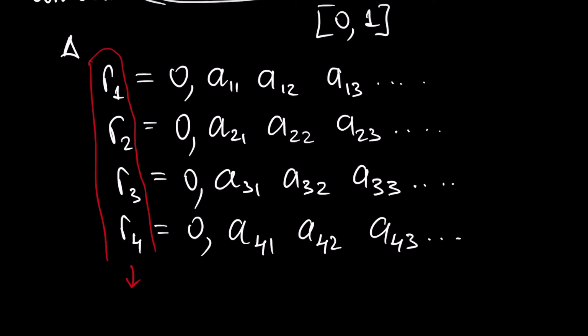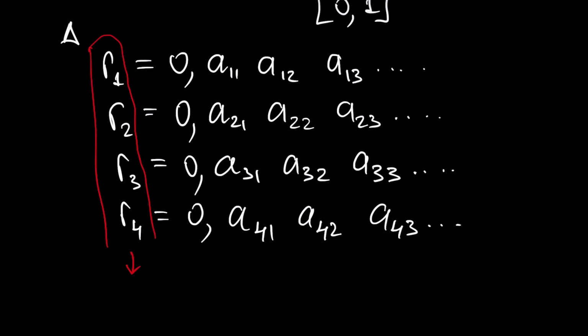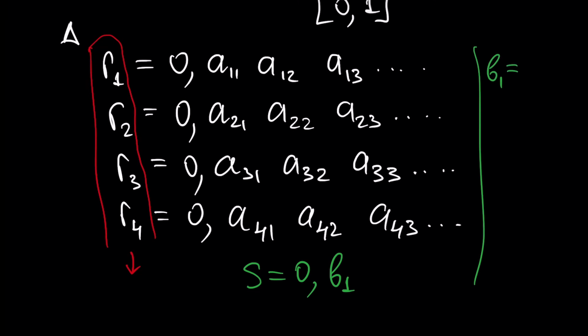And let's find another number, call it number S. Let us write S is equal to 0, decimal point, and some number, B1. How is B1 defined? Assume this number, A11. Let's fix some number, 2, for simplicity.